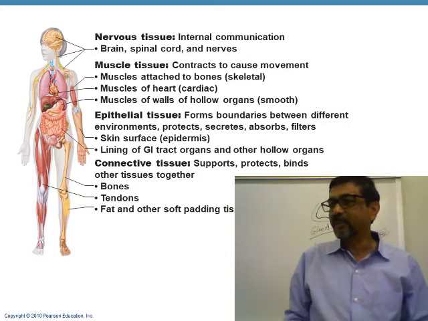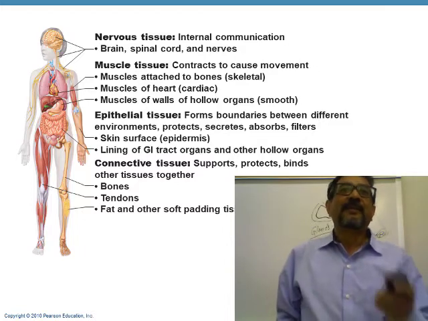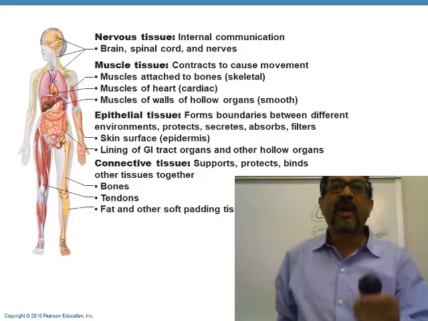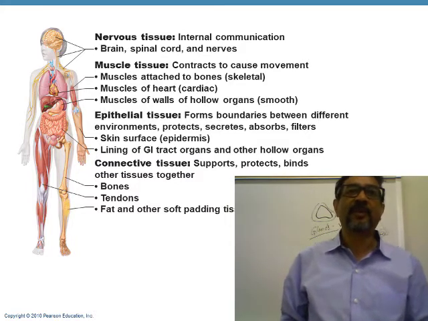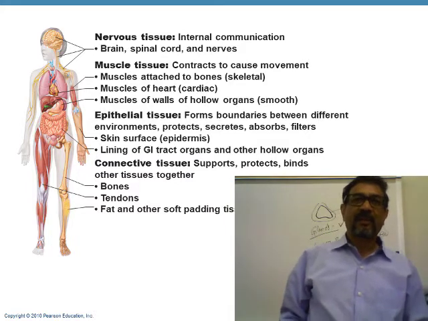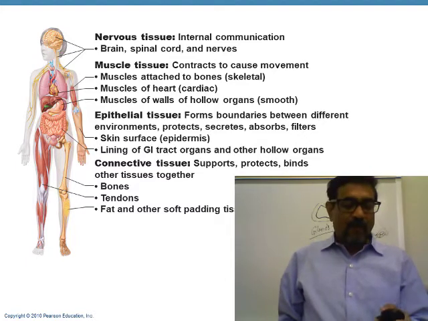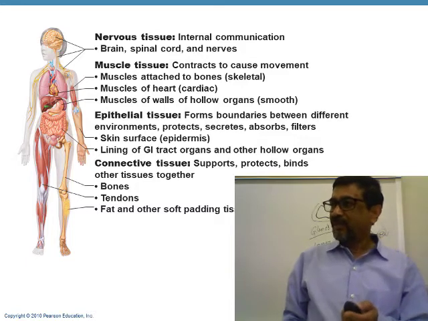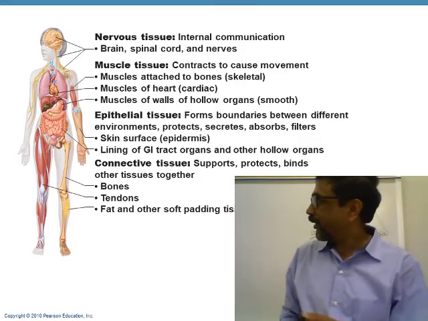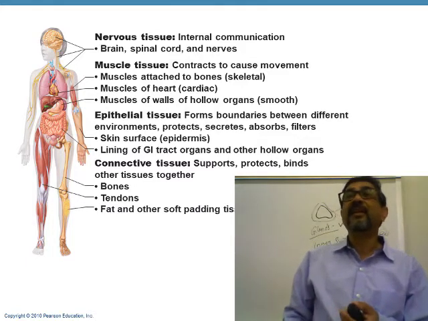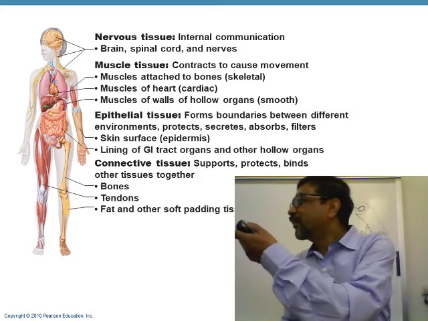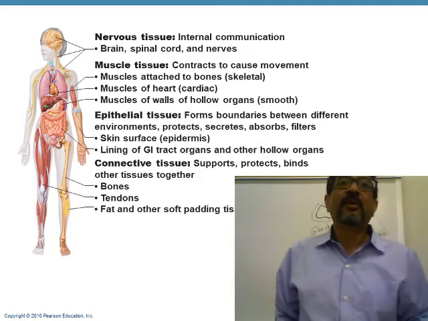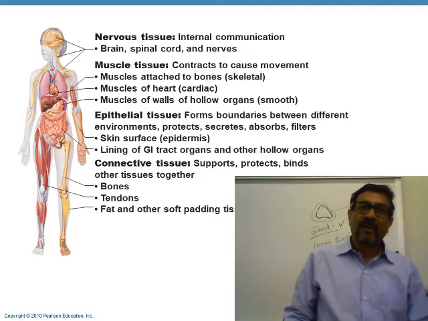Cartilages are connective tissue, right? Fats are connective tissue. Blood is a special type of connective tissue because it is liquid. So, those are some structures formed by connective tissue. Tendons, ligaments, bursa, tendon, ligament, yeah. So, those are also connective tissue.